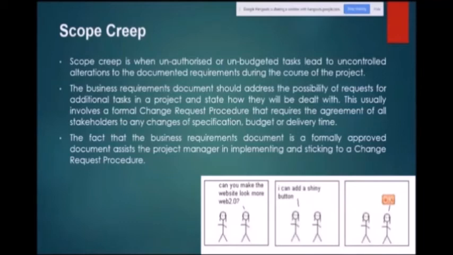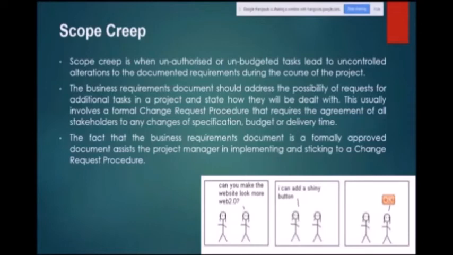The business requirement document should address the possibility of requests for additional tasks in a project and state how they will be dealt with. This usually involves a formal change request procedure. So therefore we must have some additional process involved, the request for change, within the document itself. That is called evolving.